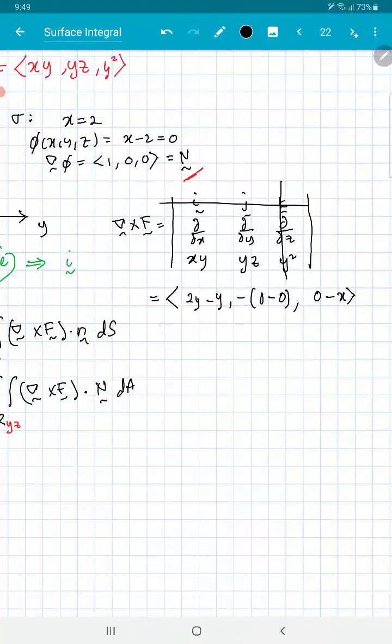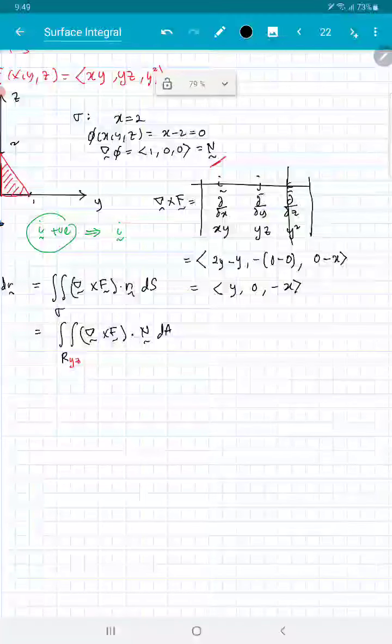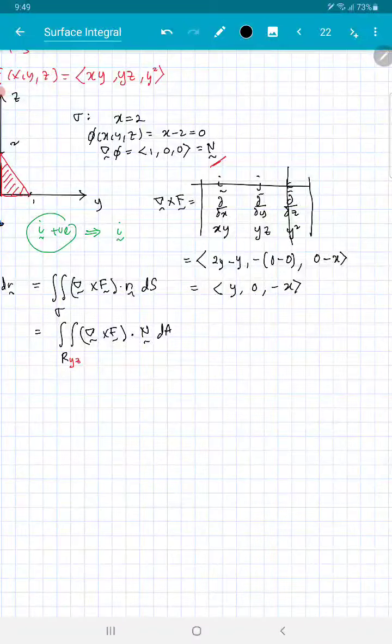Okay, so simplify this. This is equal to y i plus 0 j minus x k. Okay, now we have del cross F. We also have n. Next we need to dot the two vectors.